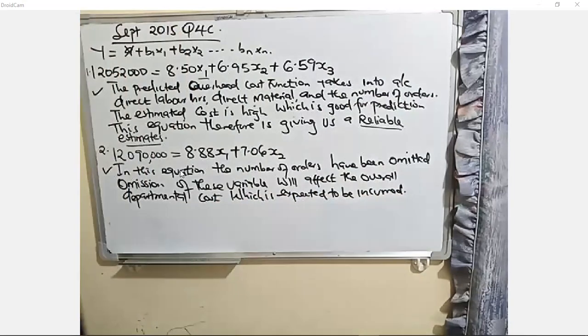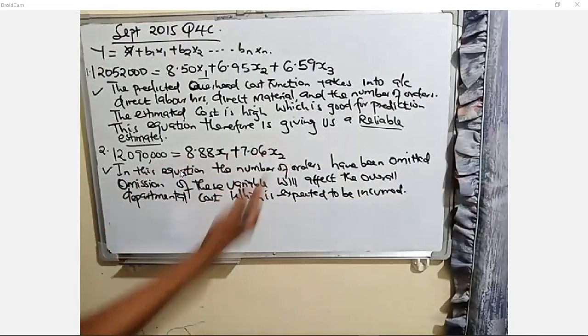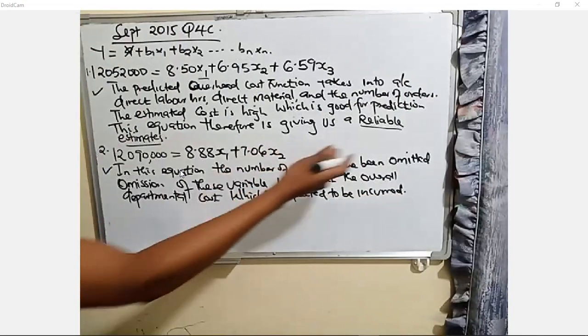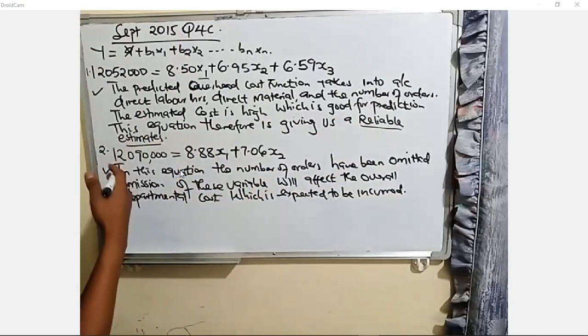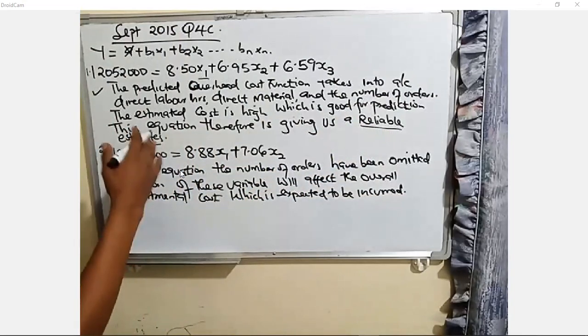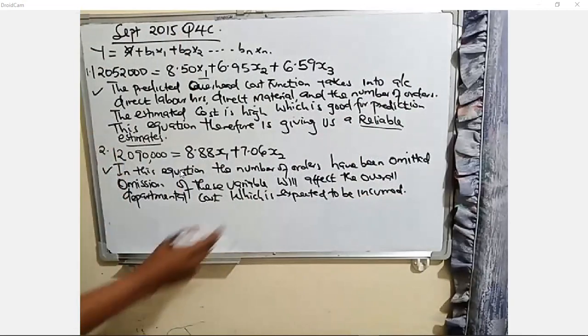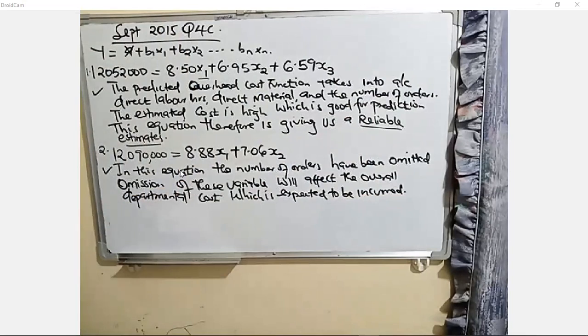So that is the explanation that you're supposed to be giving in the second equation. We are saying they have already eliminated, right? So in this case, for example, if we are looking for the reliable estimate, you can see this equation is not efficient, right? It is not reliable for decision making because they have eliminated one independent variable.